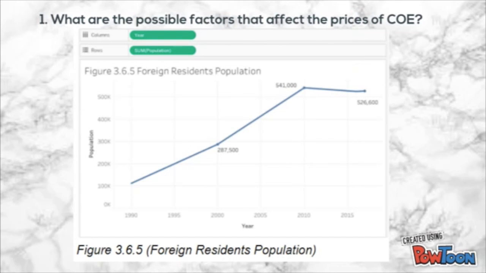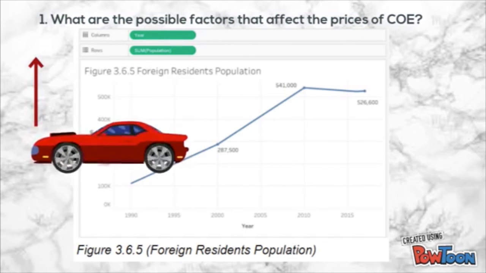This shows that the number of foreign residents has decreased but is still relatively high. These foreigners contribute to a large portion of the sales of cars as they are generally more wealthy and can afford to buy more cars. As a result, this causes an increase in the demand for cars or vehicles in general. When there is a high demand for vehicles in Singapore, the COE prices will increase.